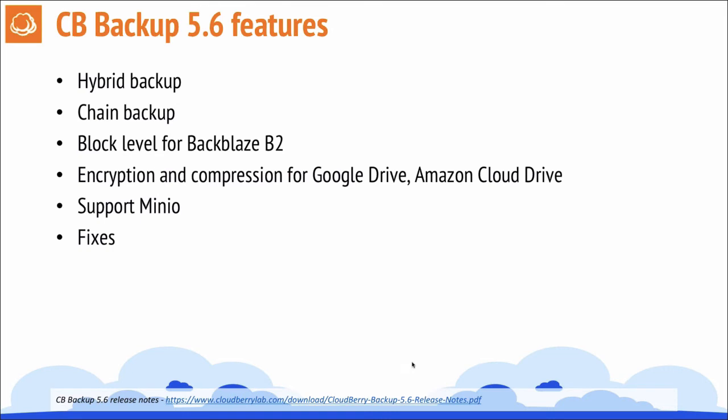All right, so let's move on to the CloudBerry Backup 5.6 features. As I said earlier, we introduced CloudBerry Backup 5.6, and it comes with a number of really good features. One of the features is hybrid backup, and it's really great from the 3-2-1 perspective. The 3-2-1 approach is quite famous and popular.